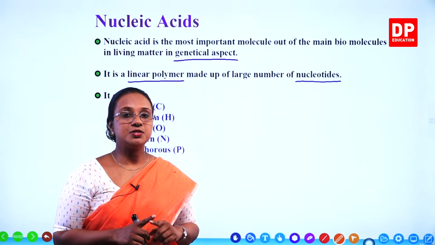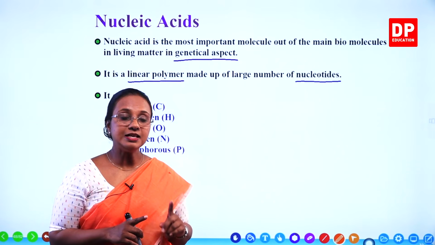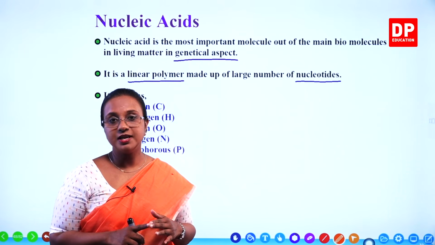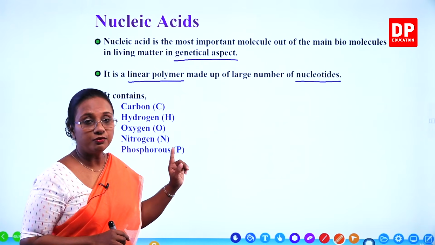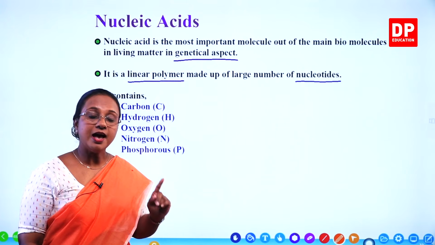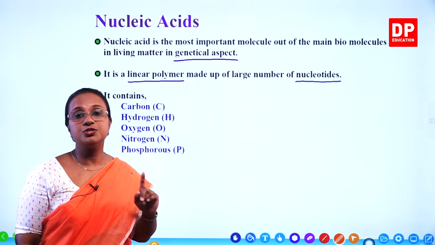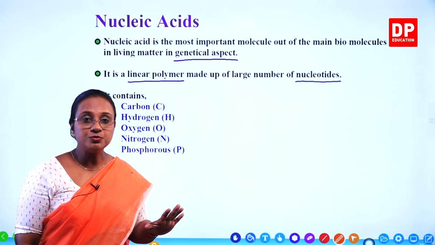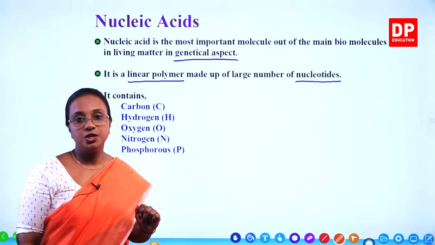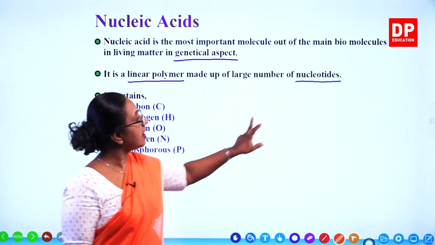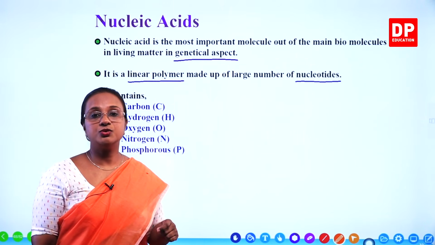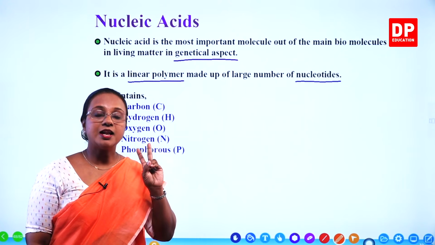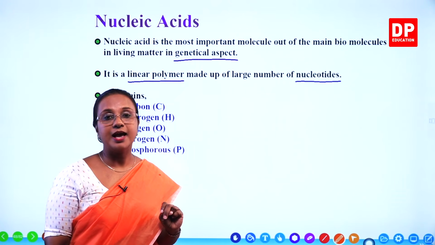And if you remember, students, when I discussed the significance of carbohydrates, I said that it is a constituent of nucleic acid. There I mentioned pentose sugar. Pentose means 5-carbon sugar. So, based on the type of pentose sugar present, there are 2 types of nucleotides. And based on these 2 types of nucleotides, there are 2 types of nucleic acids.